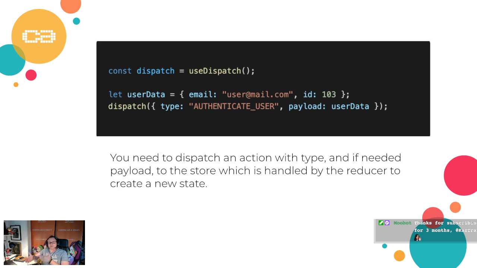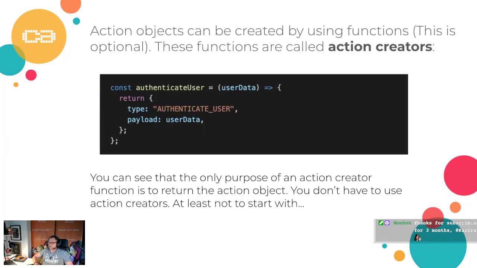Then the reducer will receive it and do stuff with that, but we're going to cover that in a moment. That is the simplest way to showcase how an action can be created. It's a simple object with one required attribute, type, and that action needs to be dispatched by something at some specific point. For that we use the useDispatch hook from the React Redux library.